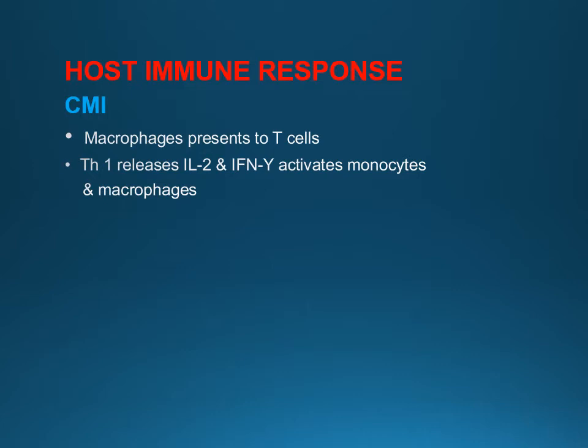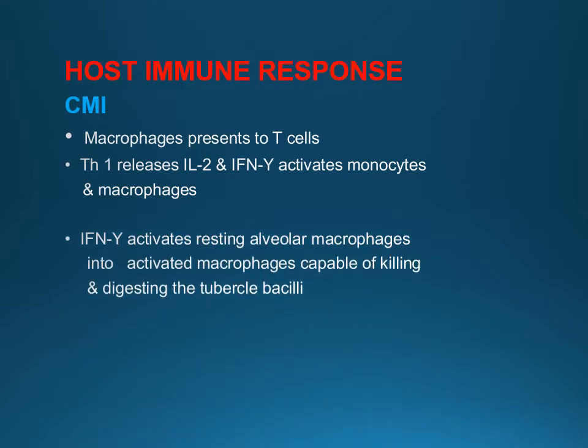The T helper one cell will release certain interleukins like interleukin 2 and interferon gamma. Now this interferon gamma will activate the monocytes and macrophages. Once they get activated, they are called activated macrophages, and they will lead to the formation of epithelioid cells and giant cells.